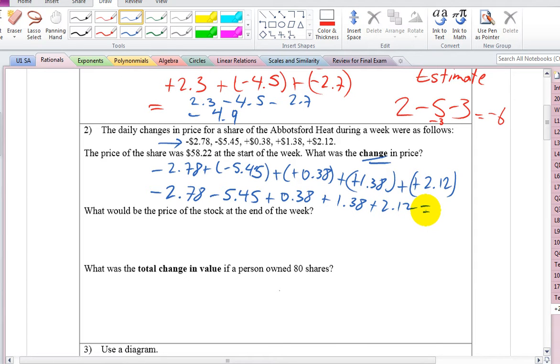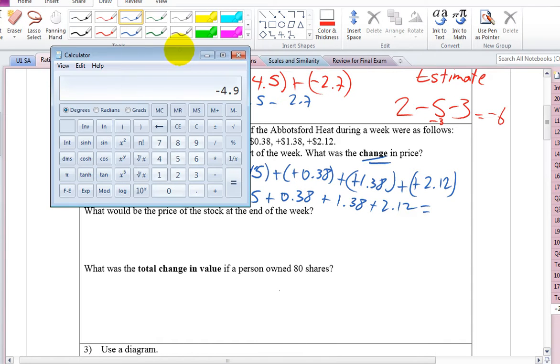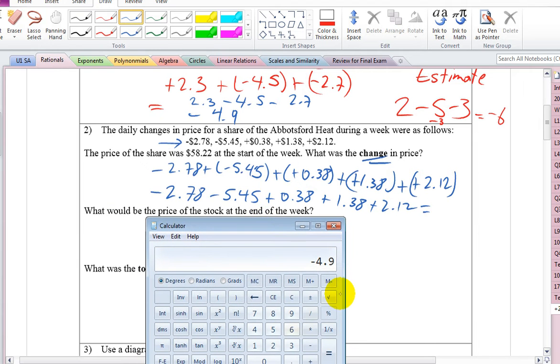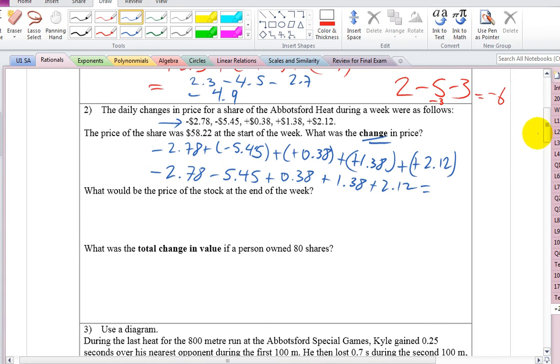What do we have? Xander? Positive or negative? Positive 1.21. Anyone else confirm? What'd you get, Meaty? You sound a little unsure. Anyone else?